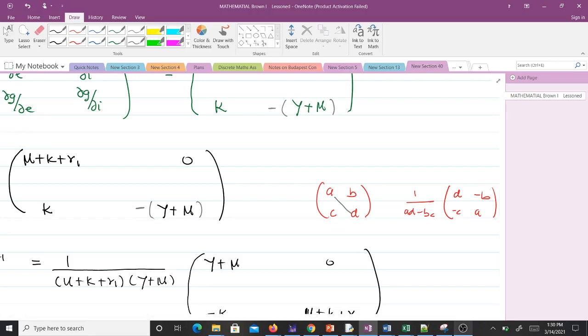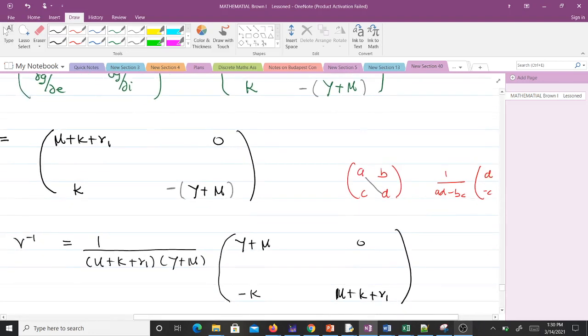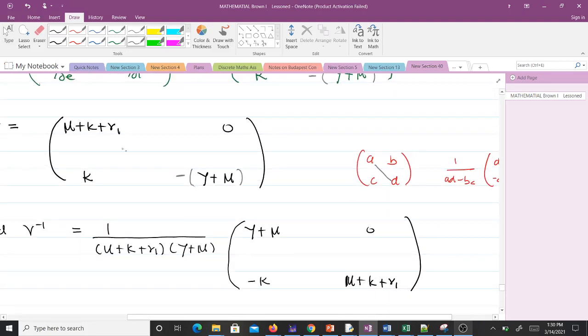So the determinant will be the product of these two times the product minus the product of these two, but since we have 0 here, that goes to 0. So because we have minus here, we attach it here. So this will become the determinant.